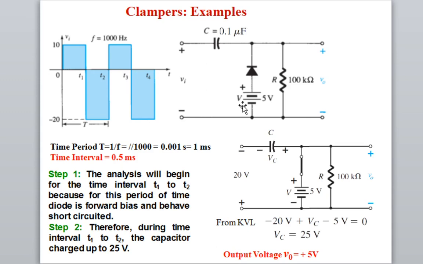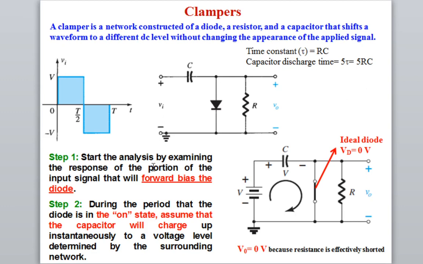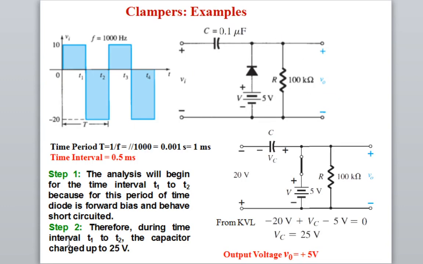So in order to find out the output voltage, you have to follow the steps as I discussed here, step 1, step 2, step 3, step 4. So what is the first step? We have to analyze for which time interval the diode is going in forward bias. If you analyze the input signal, for 0 to T1, 10 volt is there.